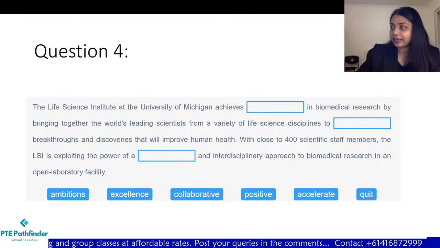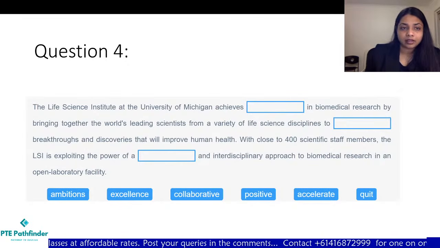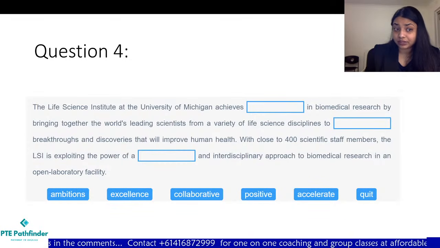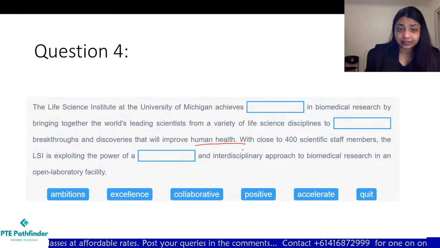So it says here, the Life Science Institute at the University of Michigan achieves dash in biomedical research by bringing together the world's leading scientists from a variety of life science disciplines to dash breakthroughs and discoveries that will improve human health.